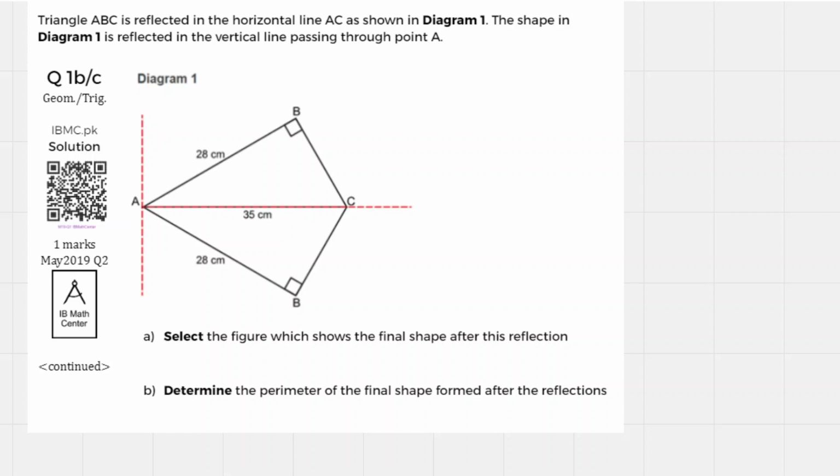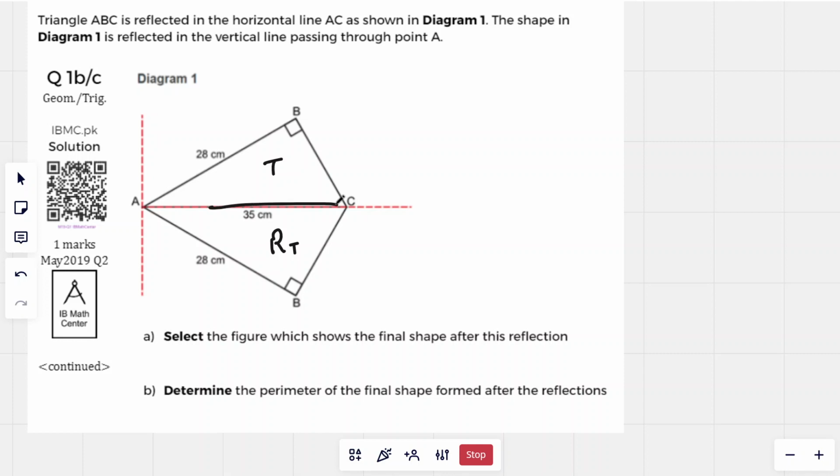So we are given a triangle ABC that has been reflected in the horizontal line AC. So this triangle ABC is reflected along the line AC, and the reflection is shown. So this is the triangle and this is the reflected triangle, along the line A to C, along this line.